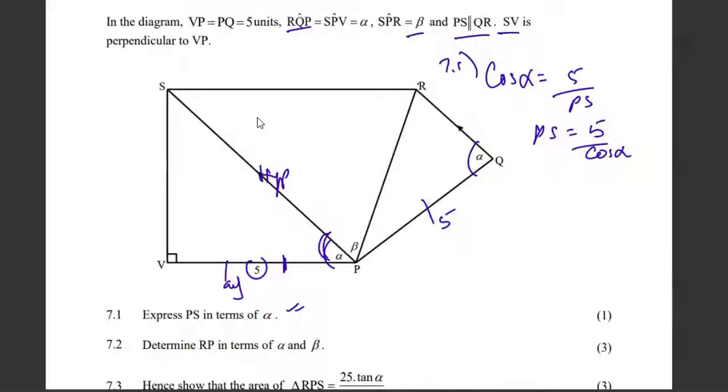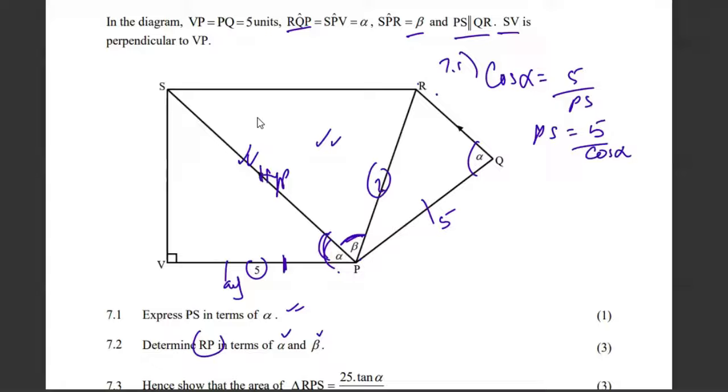And then determine RP, this one, in terms of alpha and beta. So if we have this value known, we have this angle as a beta, because this is the only beta we find, meaning that we need to use this triangle, PSR. We're looking for this.